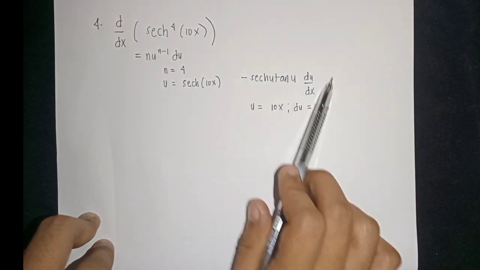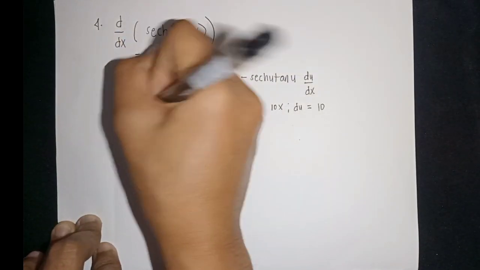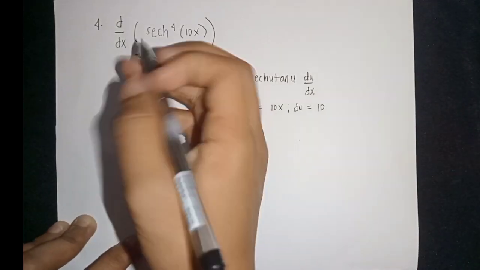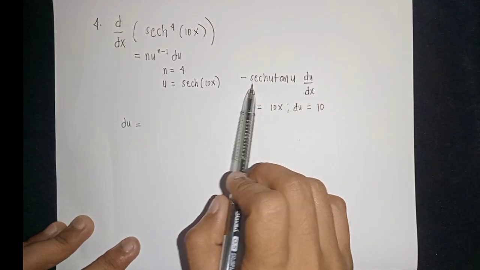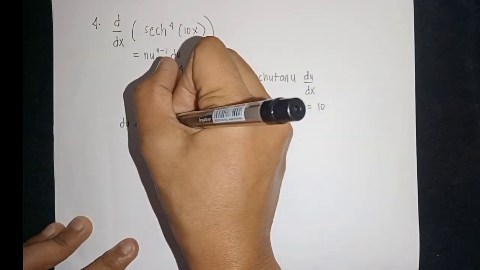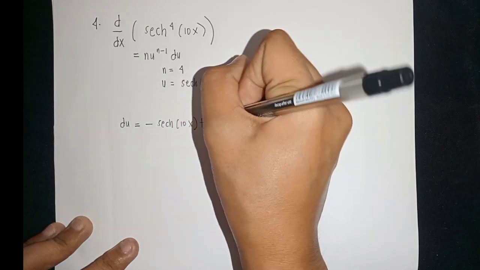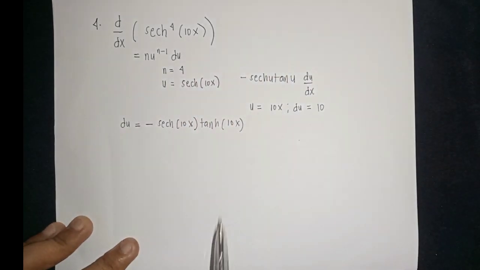And then, we have to write the formula and replace the u with the 10x. So the formula is negative sech of the u, which is the 10x, times tanh of the u, 10x.